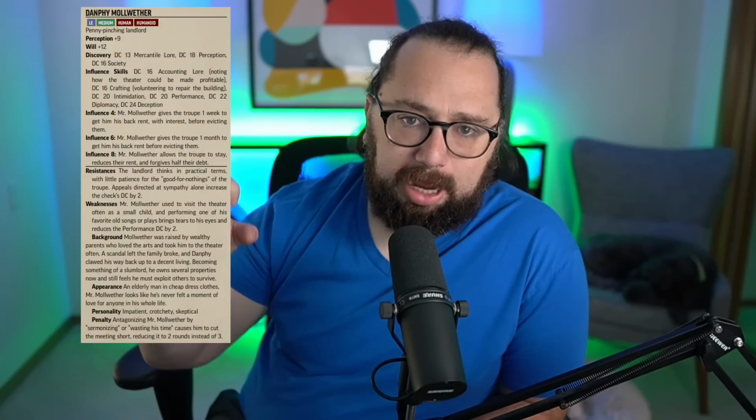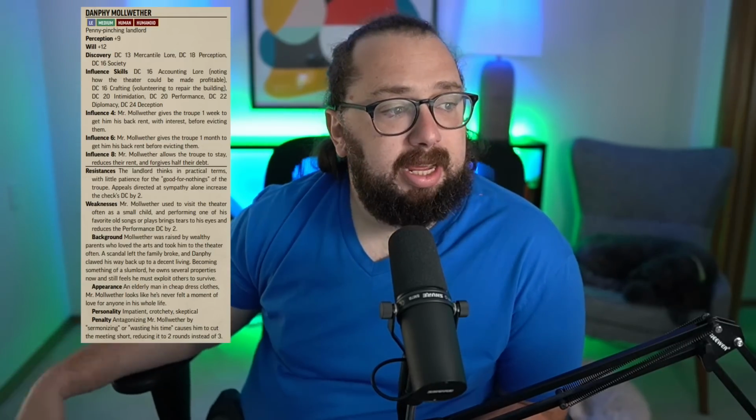And then the discovery skills. So these are the skills that the player characters can use when they take the discovery action to learn more about the character. So observing them, like observing their environment, what's important to them. So in Daphne's case, DC 13 Mercantile Lore, DC 18 Perception, and DC 16 Society.